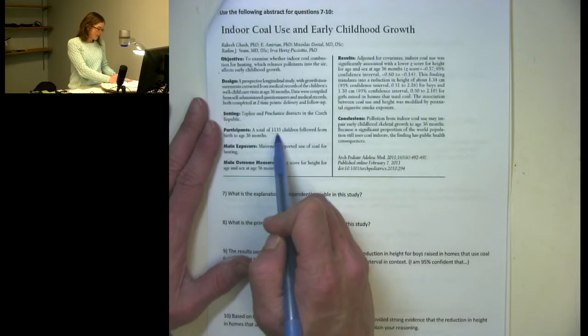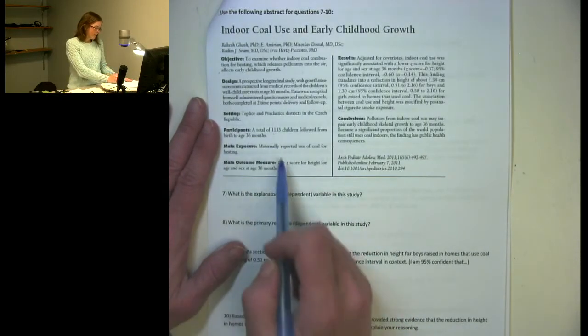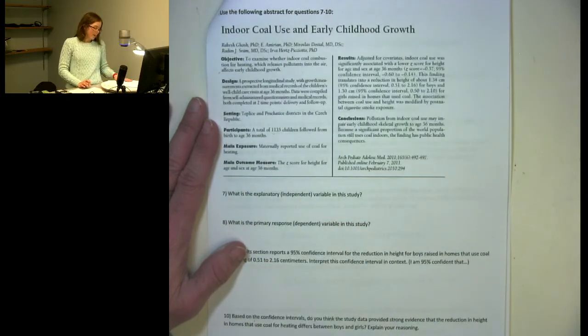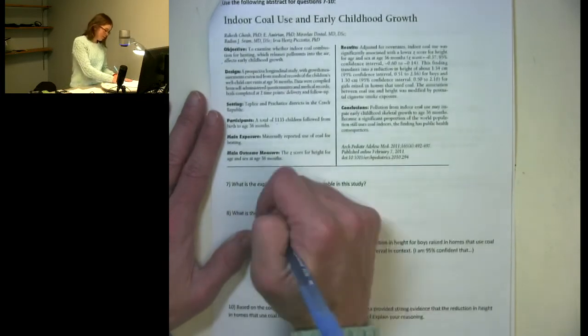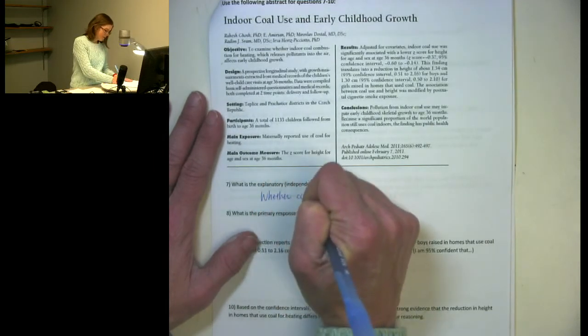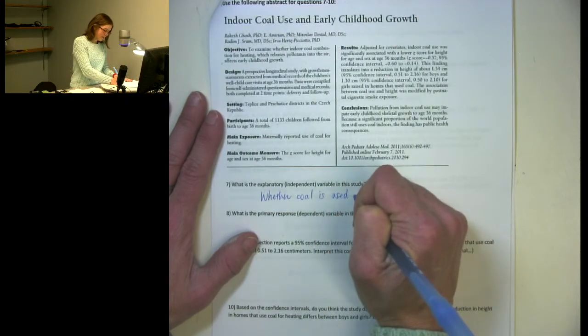There were 1,033 children followed from birth to age 36 months. The main exposure was maternally reported use of coal for heating. So that's going to be our explanatory variable: whether coal is used for heating in the household.